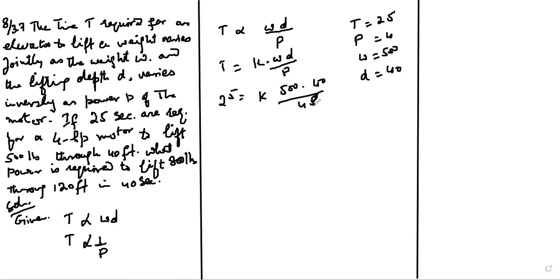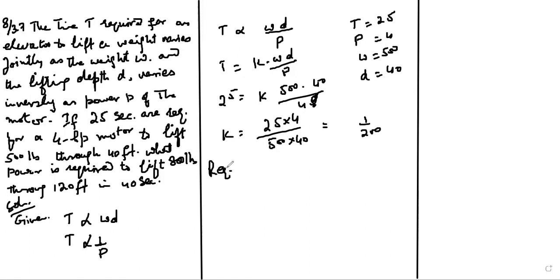So K equals 25 times 4 divided by 500 times 40, which equals 1 over 200. Now we have to find the required values.